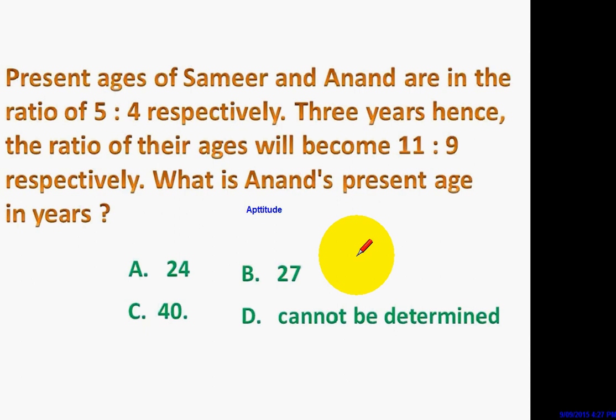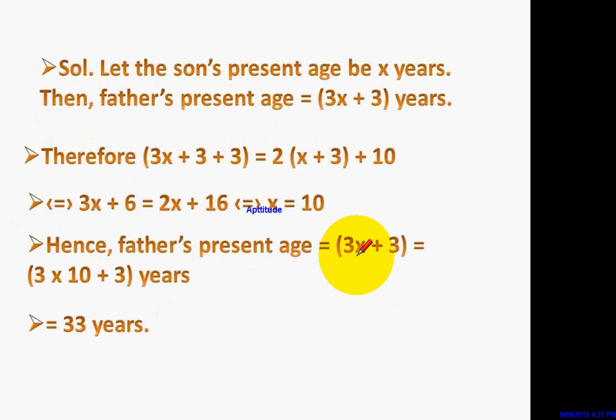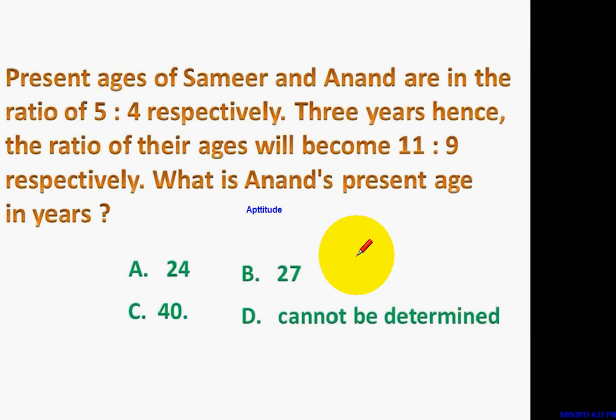Okay. See here, this is the second type of problem where the ages are mentioned in the ratio. Their ages are given in terms of ratio. So the present ages of Samir and Anand are in the ratio of 5:4. If the ratio is given, we need to find out the value. We do not know the value.